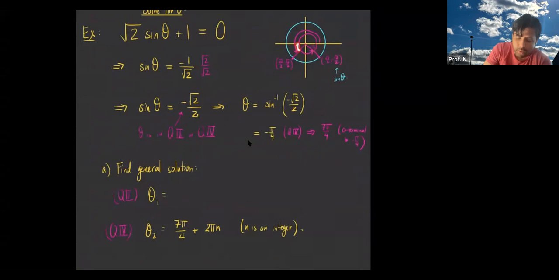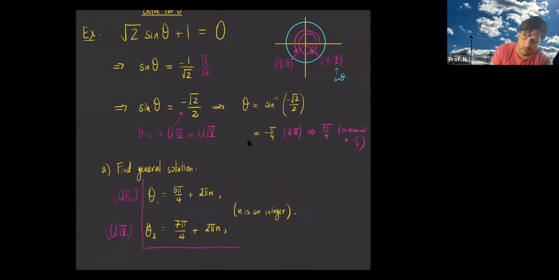So this is pi over 4. So pi plus pi over 4 gives me 5 pi over 4. So the other angle is 5 pi over 4, and I'm adding 2 pi n with the same idea. n is an integer. And so this is my general solution.